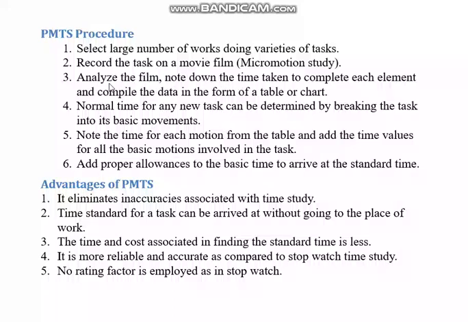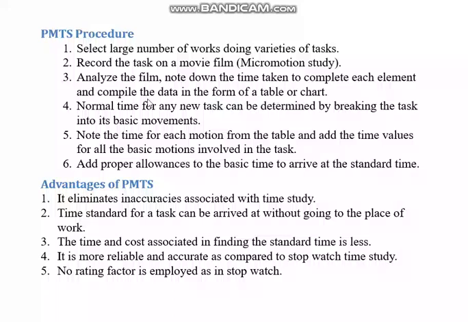Then once you have taken the movie film, you have to analyze the film, note down the times taken to complete each element, and compile the data in the form of a table or chart.